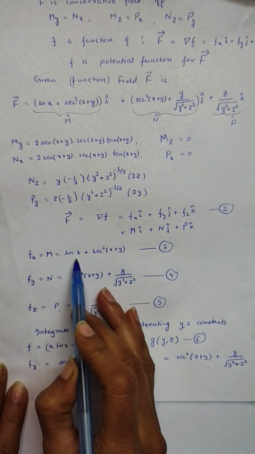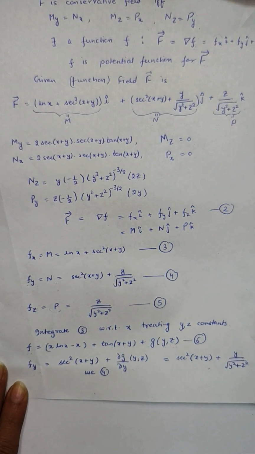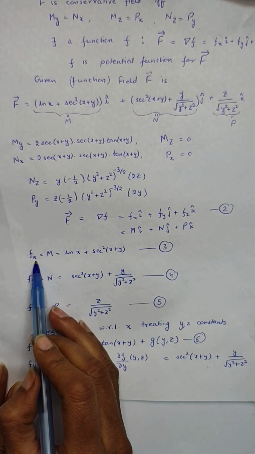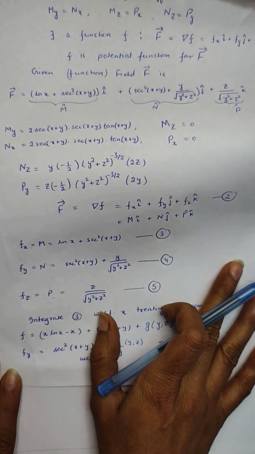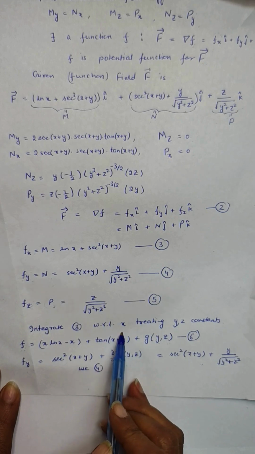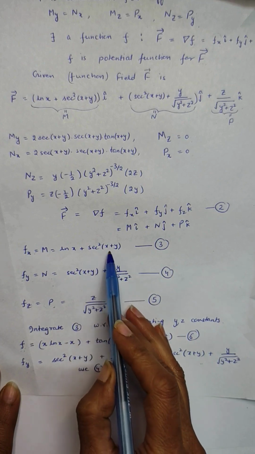So now we have the partial derivatives of the potential function. So how do we find the potential function? We already know the derivative of the function with respect to x. So what can we do? We can integrate this function with respect to x by treating the y and z variables as constants.